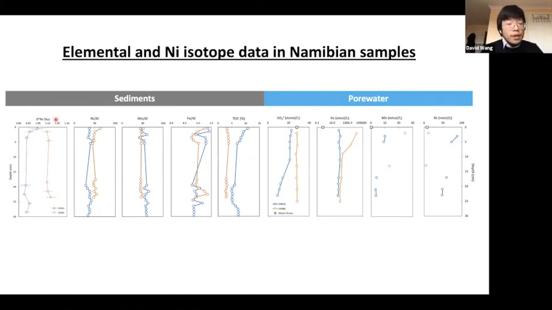For their nickel, manganese, and iron to aluminum ratios, there's no significant difference between these two cores. And we got a higher TOC when the core is close to the coast, 3 to 4% of TOC in the 2360 core. But overall, the TOC content in these sediments is extremely high compared with the average shale.